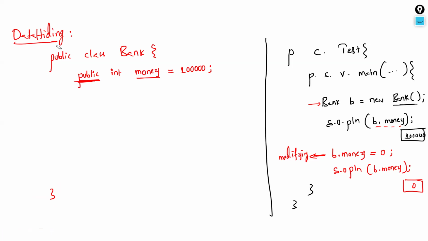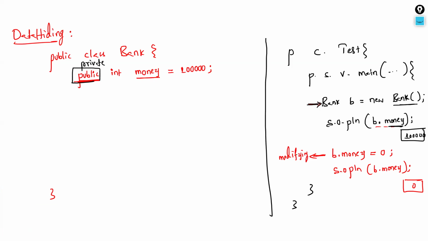Then how do we provide security? By making this private. Others should not access. Correct or not? So the solution is that other classes can create the object, but they should not access my money or balance because it's so personal to me. That is the reason for making this private.